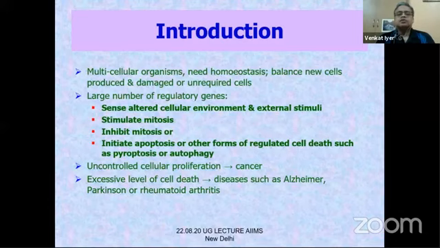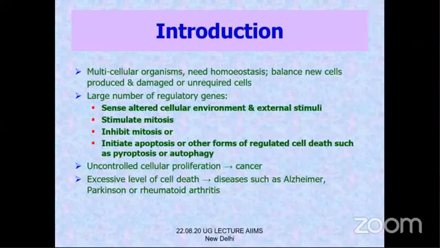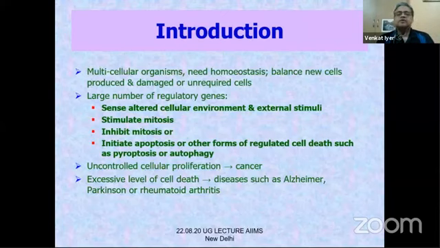So if you look at the regulatory genes, some of these sense altered cellular environment and external stimuli, which in turn stimulate mitosis, like for example, release of growth factors. Others can inhibit mitosis. So rather than have mitosis, you inhibit it so that the cells do not multiply. But other forms of stimuli initiate apoptosis, or alternatively other forms of regulated cell death like pyroptosis or autophagy.